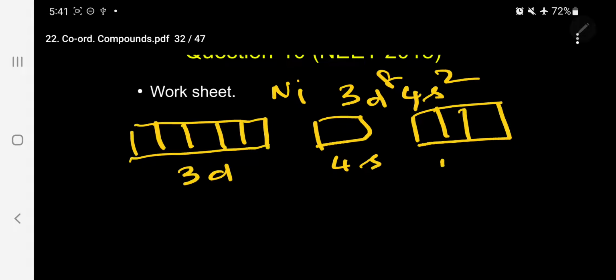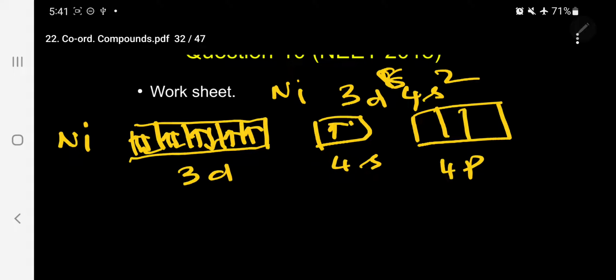So here it is 3d8, 4s2. So this is the nickel original form. 1, 2, 3, 4, 5, 6, 7, 8, and s2. Kindly follow. This is the original structure.